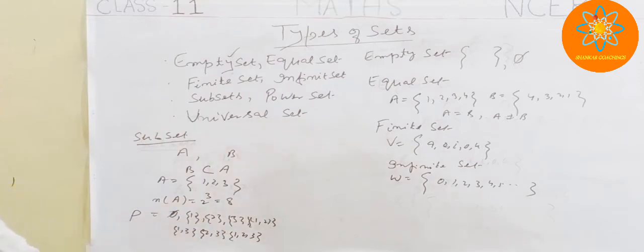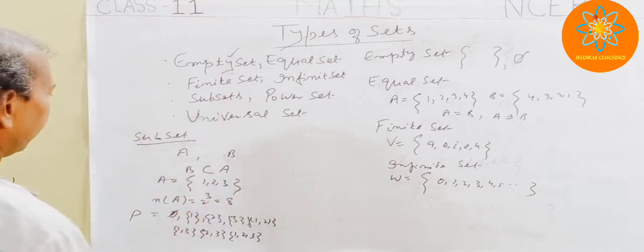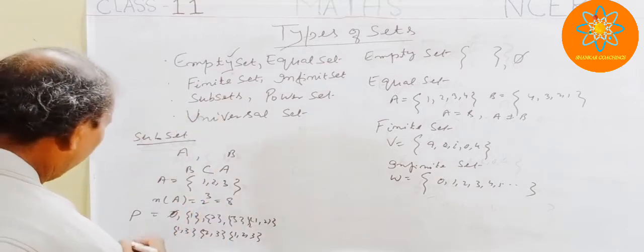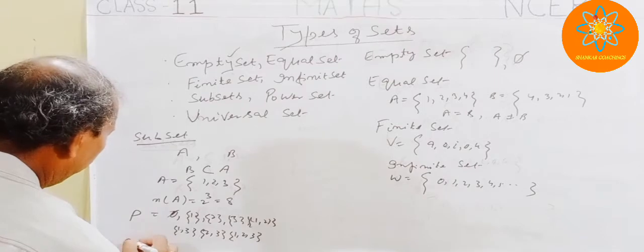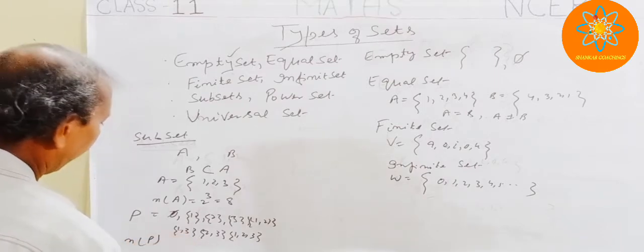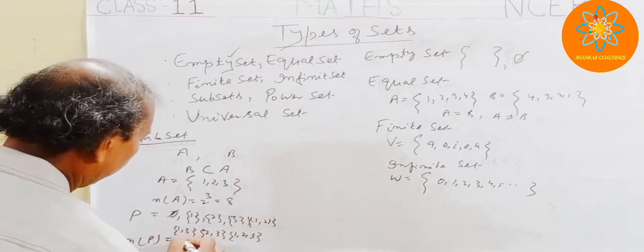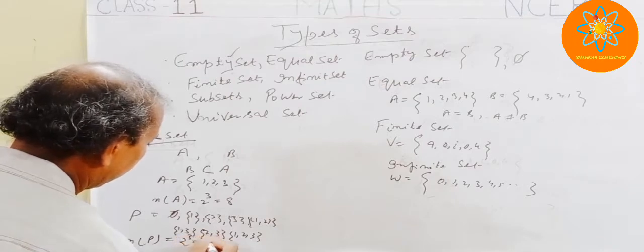So these are all the possible subsets, and that is called the power set. So what is the value of n(P), the power set? It will be equal to 2 to the power 3, that is equal to 8.